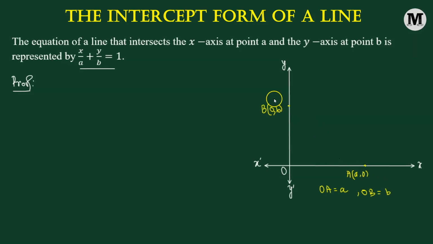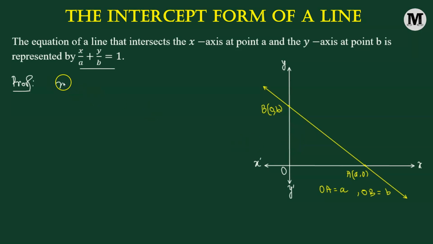Now what we'll do, we're going to draw a line such that it passes through these 2 points A and B. Now the moment we draw a line that passes through these 2 points A and B, it simply means that the line has an x-intercept of a unit and a y-intercept of b unit.